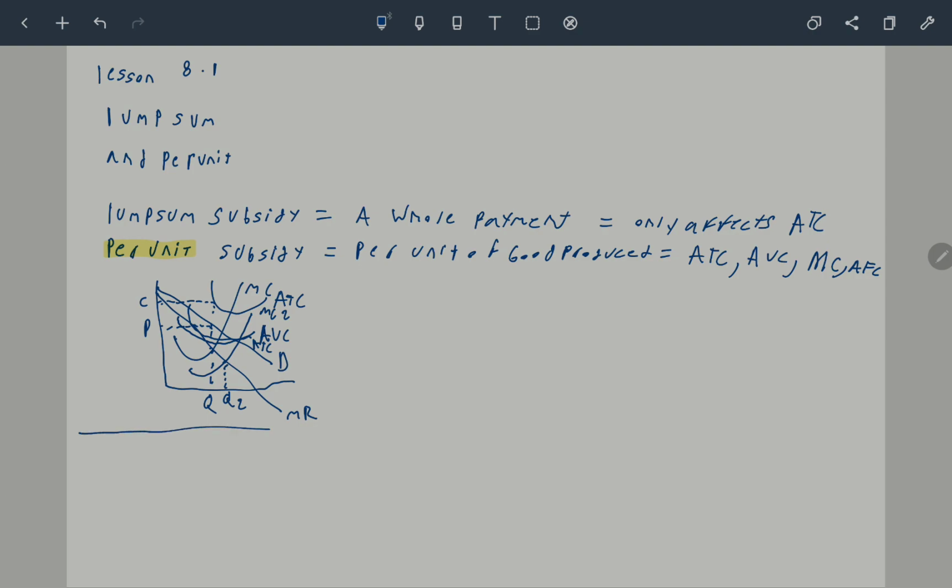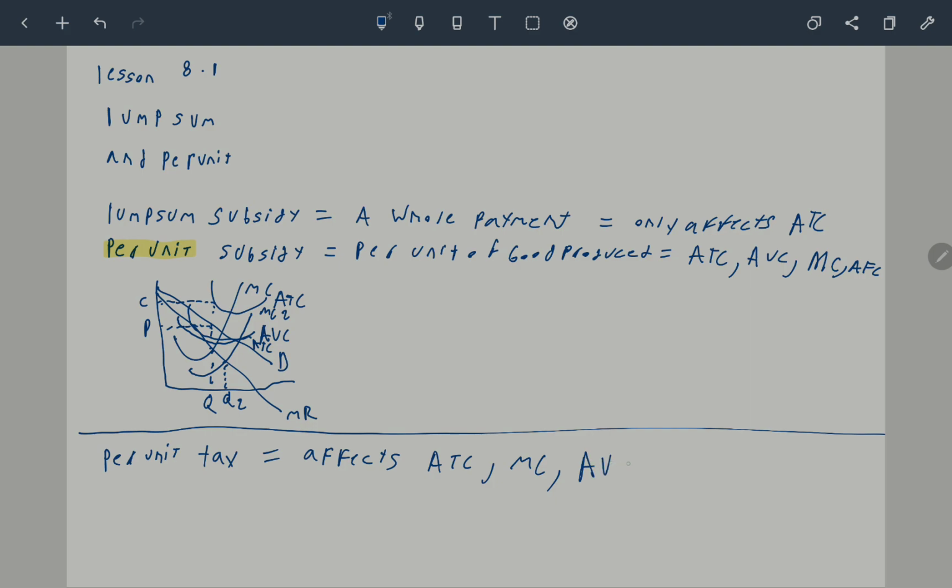Now we have taxes. So we've got per unit tax, which basically affects everything: ATC, MC, AVC. Taxes are normally for the consumer side.